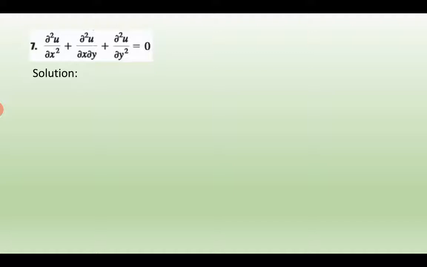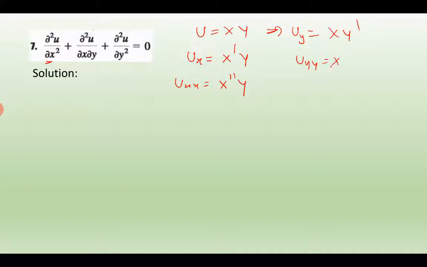Problem number 7 now. Take u is equal to xy. We want the second derivatives: u x x is x double prime y, and u y y is x y double prime.